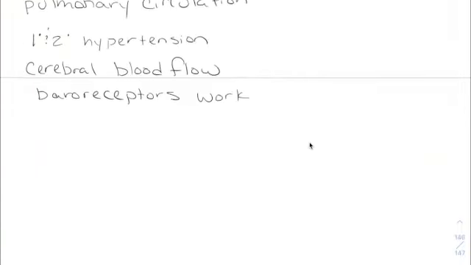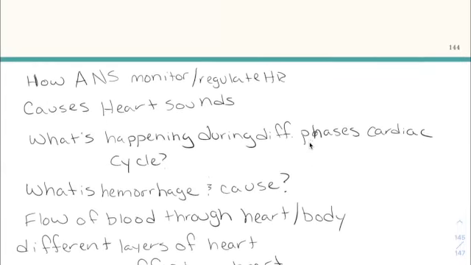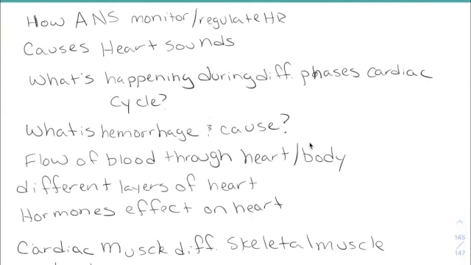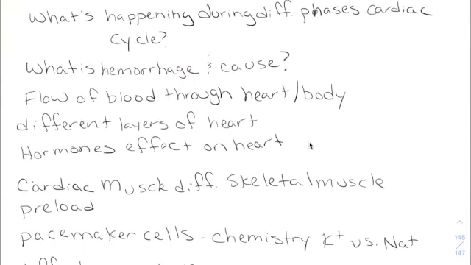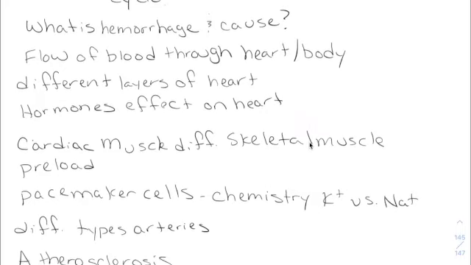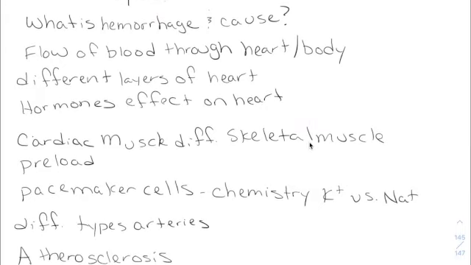Here. Yes. So it's this list of how the autonomic nervous system monitors and regulates your heart rate, what causes the heart sounds, what's happening during the different phases of the cardiac cycle, what is a hemorrhage, what causes a hemorrhage, how blood flows through the heart into the body, different layers of the heart, what the different hormones are that affect the heart, and how cardiac muscle is different from skeletal muscle.